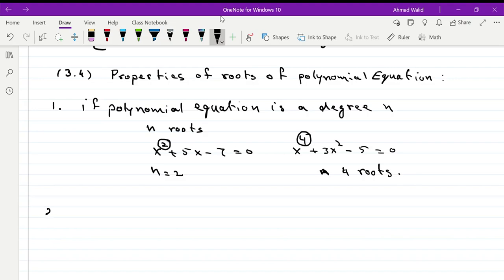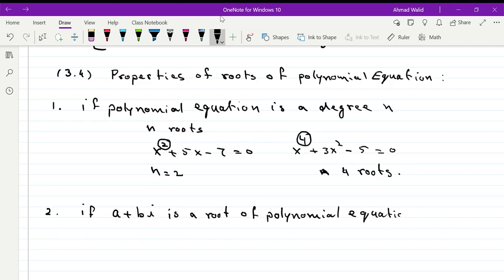Number 2, there are two properties. Number 2, if a plus bi is a root of your polynomial equation, then a minus bi is also a root of that polynomial equation, but here remember your b can't be 0, correct?